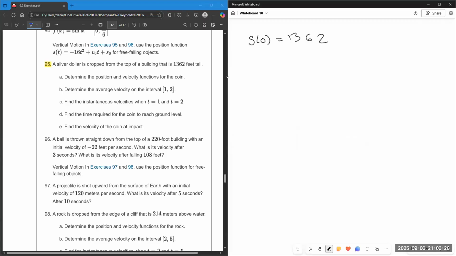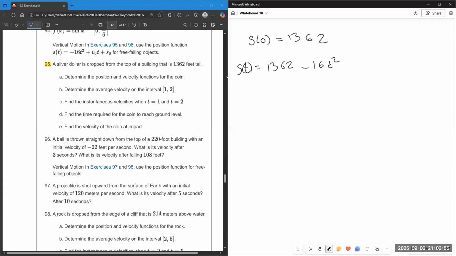So the function here, s of t, will be s naught plus v0 t, so it's starting from rest, minus 1/2 g t squared, so that's 16 t squared.